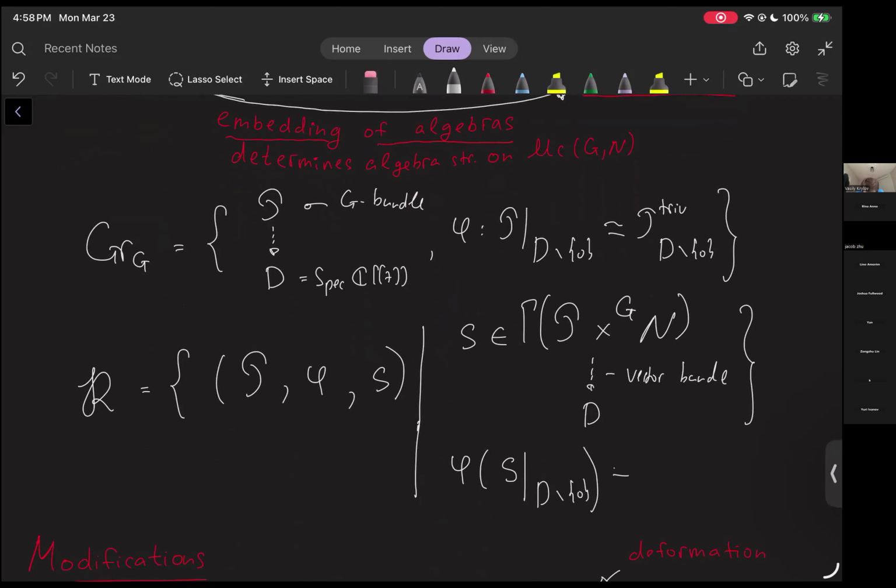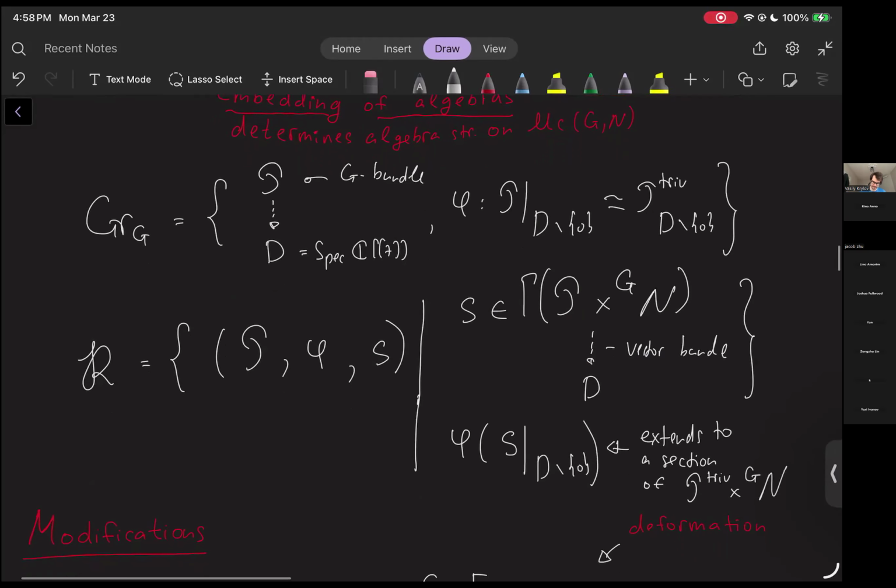And the condition is that this thing extends to a section of the trivial bundle, again induced by N. Does that make sense?